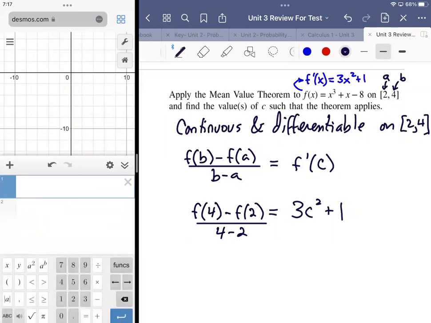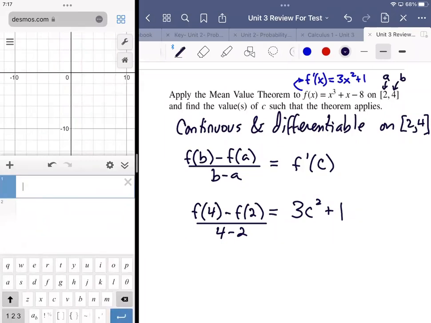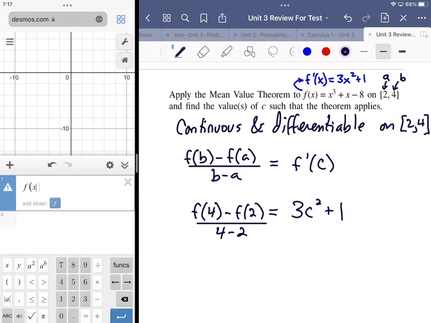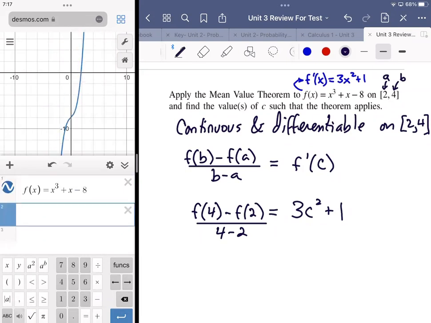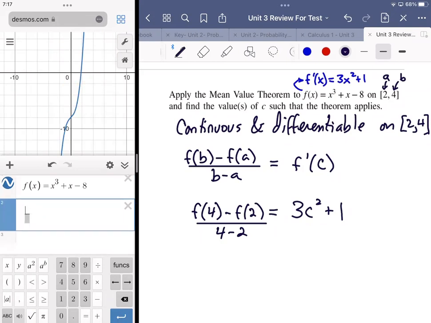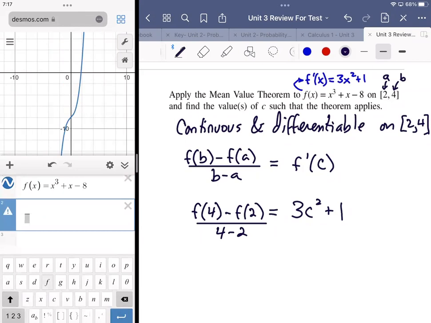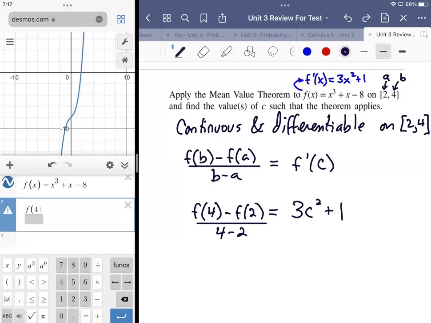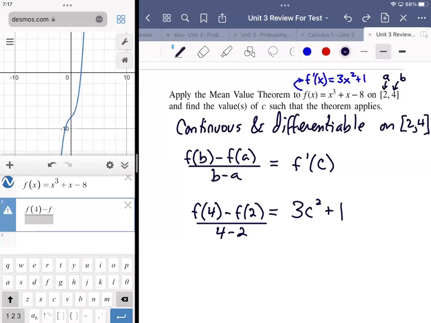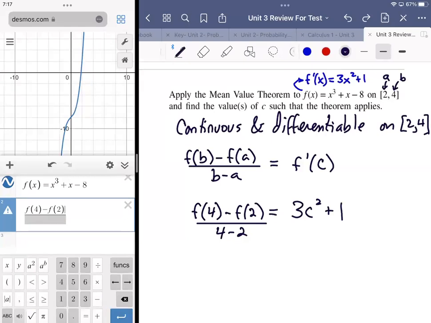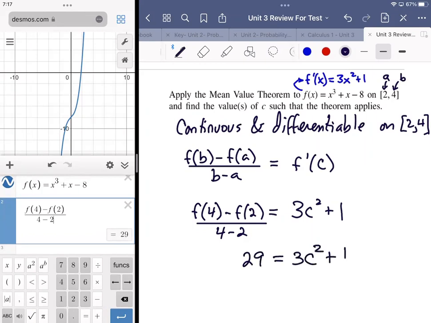So I would type in f of x equals the given function, f of x equals x cubed plus x minus 8. I'd have my a value, my b value, and all that. But I'm essentially just typing in f of 4 minus f of 2 over 4 minus 2. So that gives me 29 is equal to 3c squared plus 1.